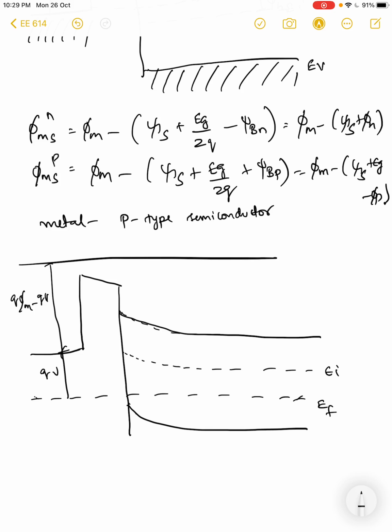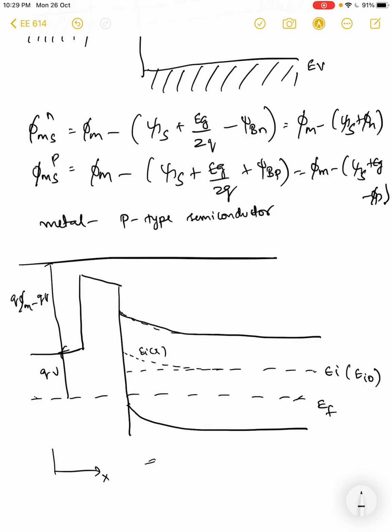So the EI has also bent, and at x equal to infinity, so this is along the x direction, or very far away from the interface, nothing is going to change a whole lot, right? So EI is still going to be flat, and at infinity I'm going to call it EI naught, right? And at any point here, there is going to be some change very close to the interface, and this is EI of x, right?